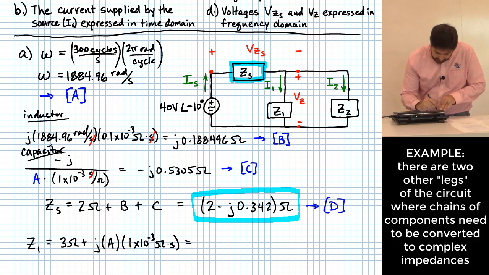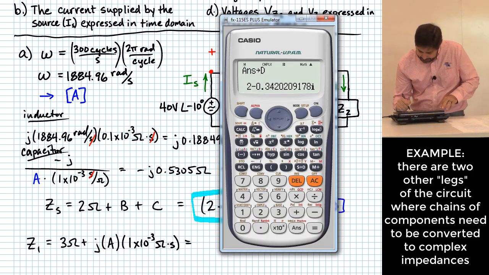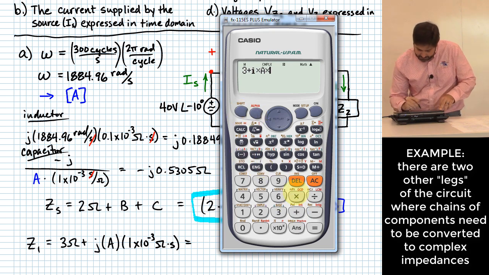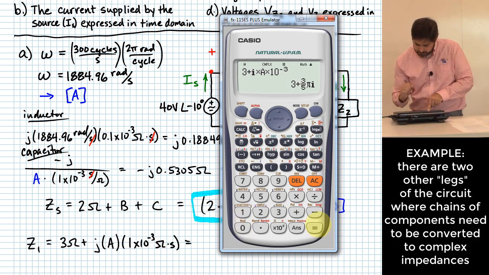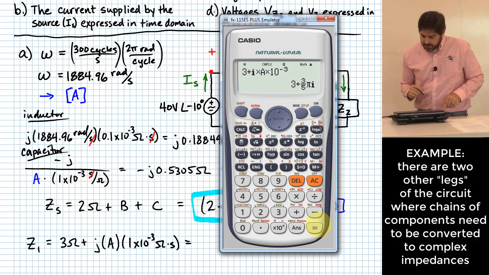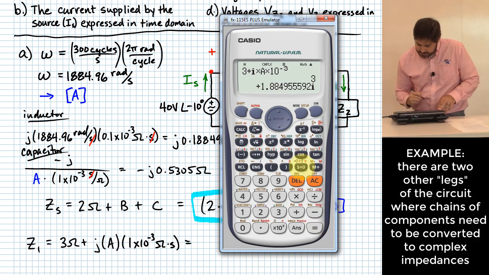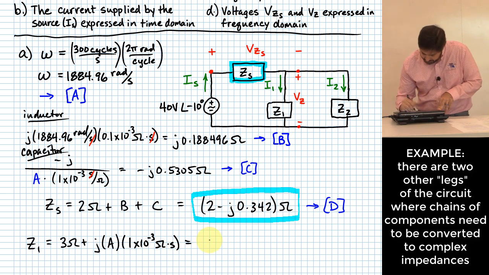So what I'll do there is I will take 3 plus j times A times 10 to the minus third. Okay, that gives me, let me express it this way, 3 plus 1.885, we'll say. And that would be times J, right?